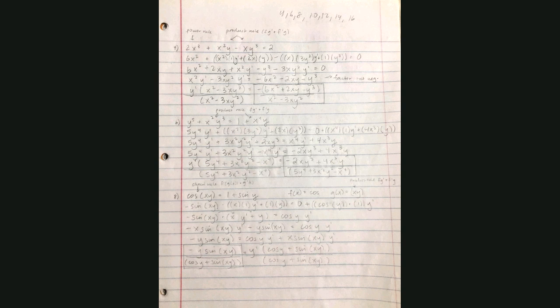Okay, so for number 6, you would use the power rule and the product rule on both sides. So y to the 5th becomes 5y to the 4th, with a y prime. And for x squared y to the 3rd, you would use the product rule, which is f g prime plus f prime g.